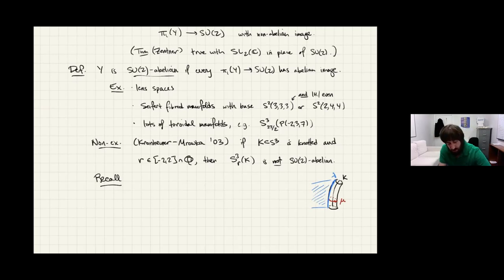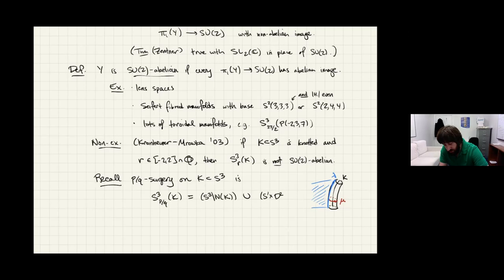And so P over Q surgery on K we write as S3 subscript P over Q, K. So we take the complement of the tubular neighborhood of K, and we glue in a solid torus.